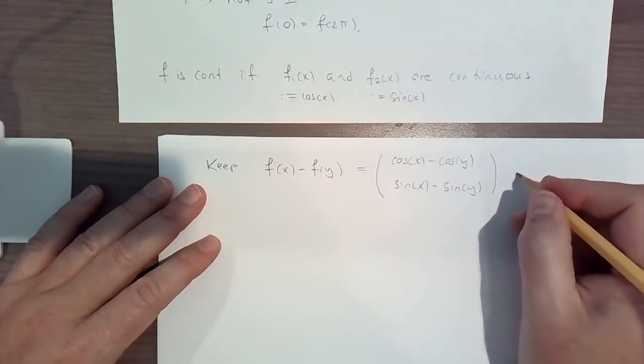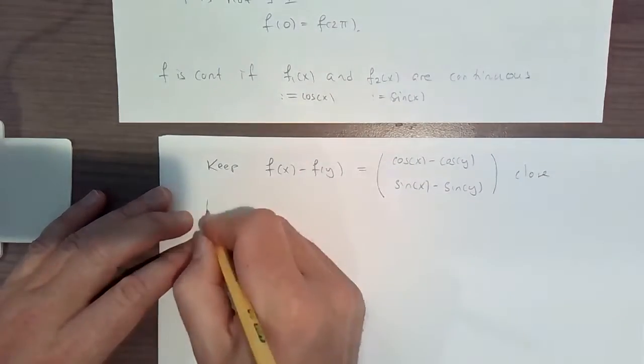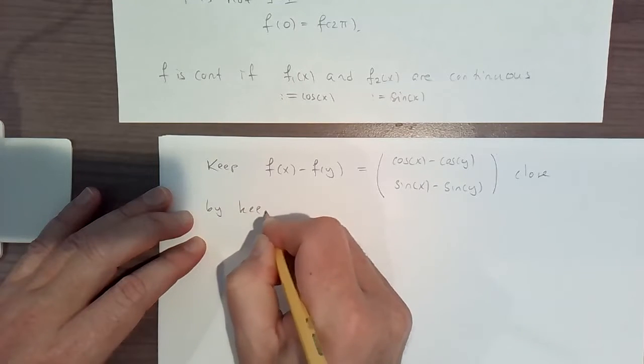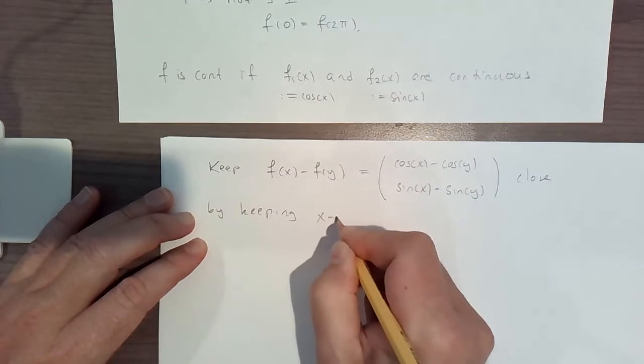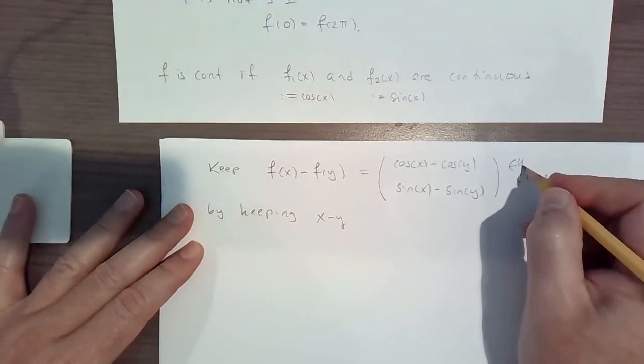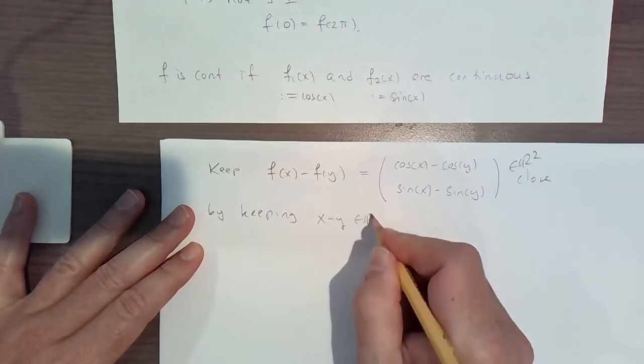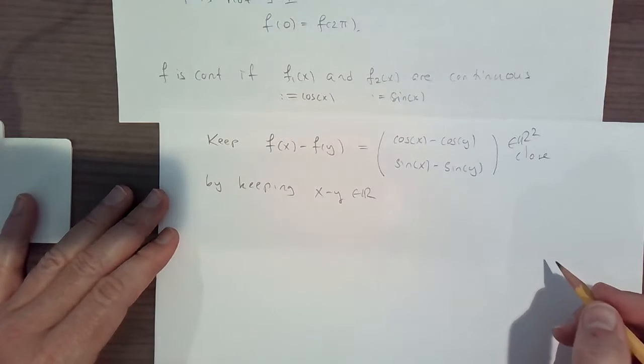I have to keep these close by keeping x and y close. This is a two-dimensional object, x and y are one-dimensional objects.